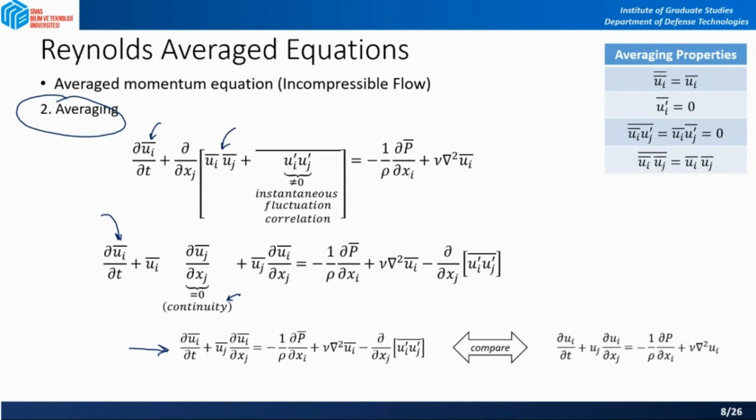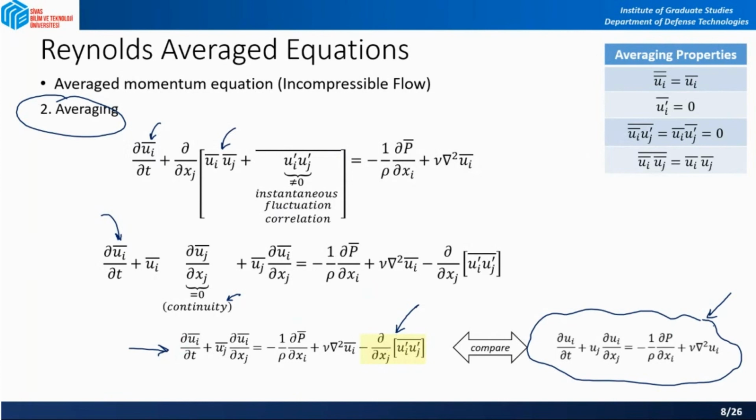And if you compare this equation with the original instantaneous equation, if you go back and find the original instantaneous equation, it was like this. So this is the original instantaneous equation. So all the terms are the same, if you see, except this additional term in the mean momentum equation.